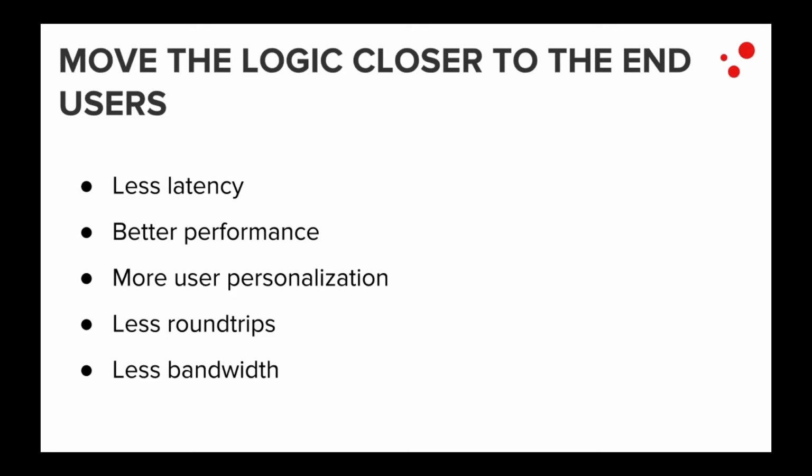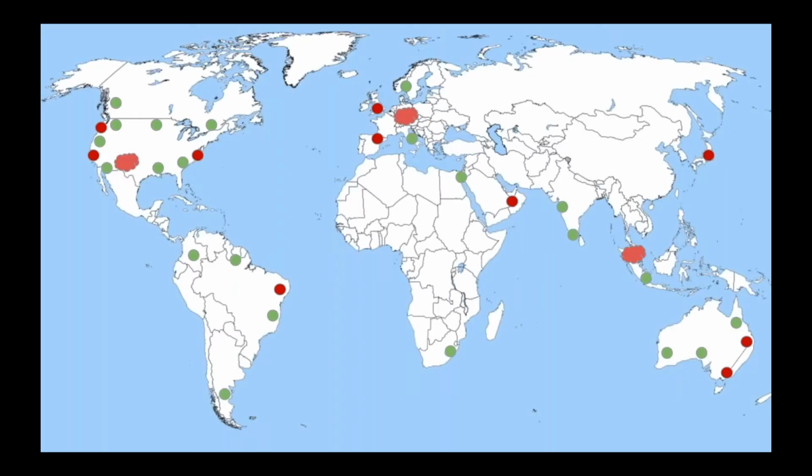Those two last points are extremely important when it comes to mobile connections. And since mobile connections are growing quite fast, and they will probably overcome desktop connections by 2020, those two last points are extremely important to keep in mind. So the idea again is super simple. We simply move the whole logic from a centralized architecture to a way more distributed architecture.